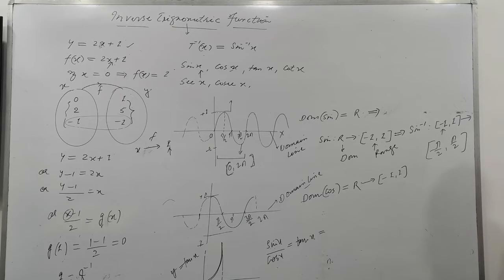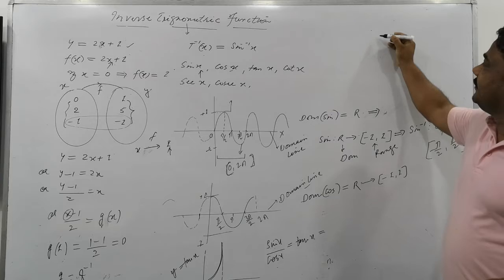Why? A function is not a function if one value is associated with different ranges. So we cannot take the range as a real number, because after every revolution, sine repeats its value, and this is not a definition of function.